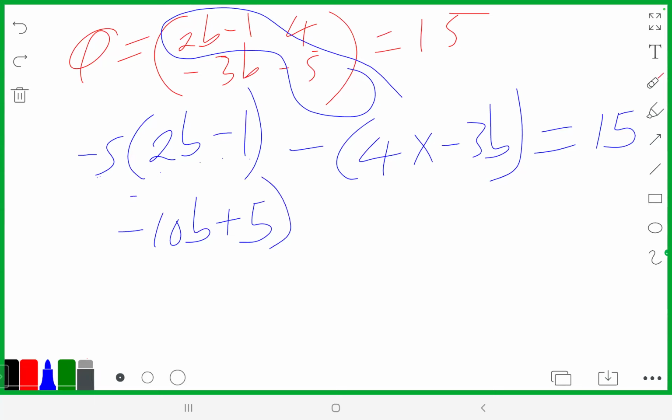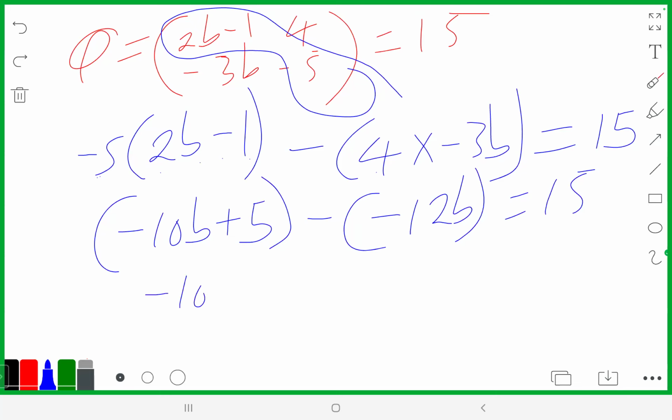Okay. This is one figure. Minus 4 times negative 3b. 4 times 3 is actually 12, so we have negative 10b plus 5, then negative times negative 12b gives positive 12b, equals 15. Are you following? Then from here, we can collect like terms together.